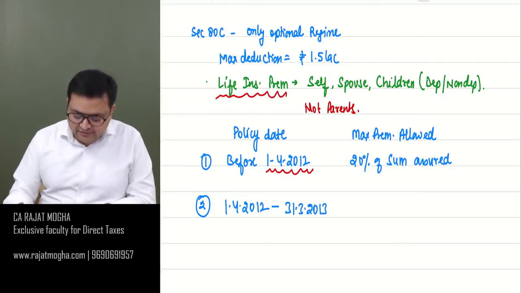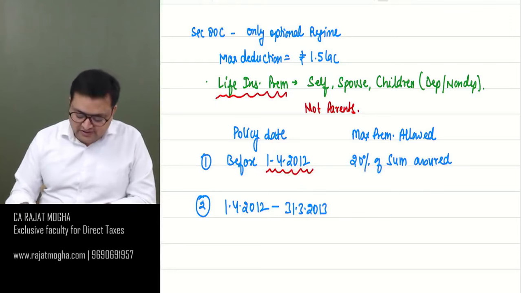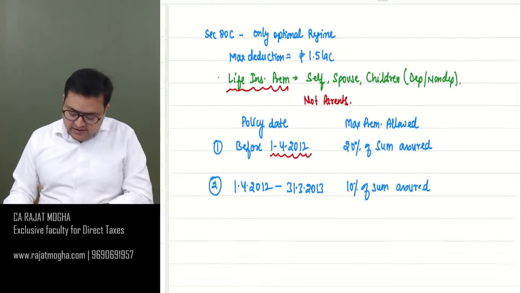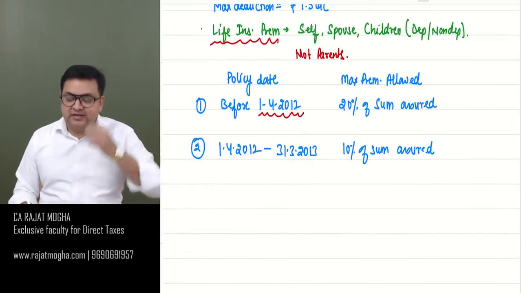So you don't have to remember this date. You just have to remember this date. Before this date, 20%. After this date, for the next 1 year, it was 10% of sum assured. But the thing is that they have made a little mistake over here when they made it 10% for all types of policy.